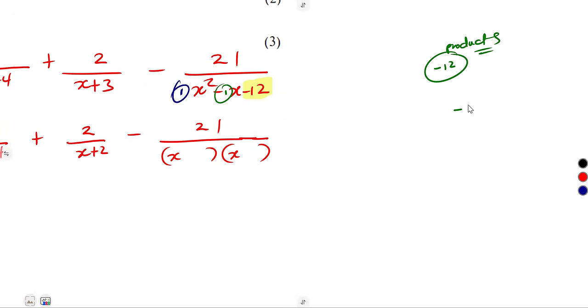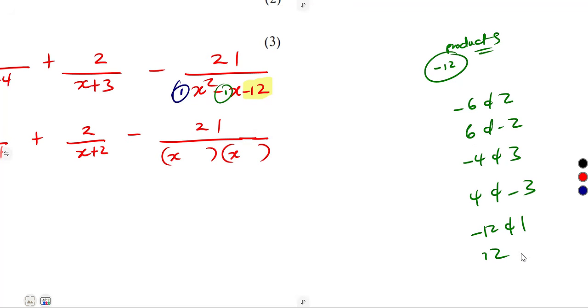There are so many factors: negative 2 and 6, 6 and negative 2, negative 4 and 3, 4 and negative 3. So many. Even negative 12 and 1, 12 and negative 1. But of all these factors we need only one pair that, when we add, gives us negative 1.